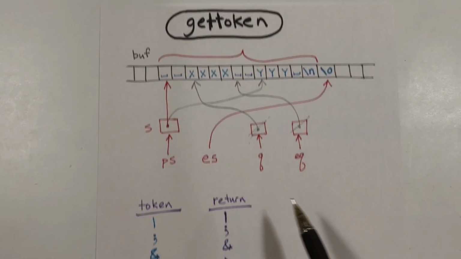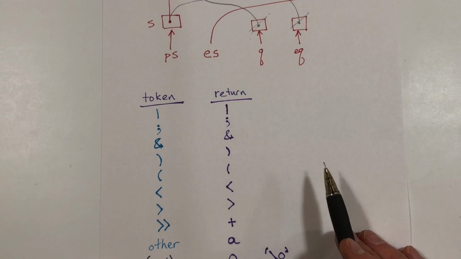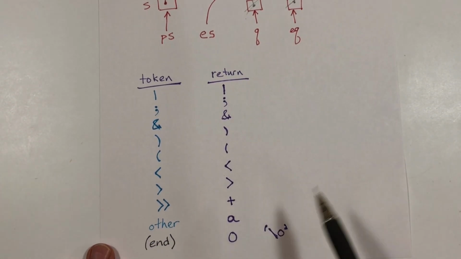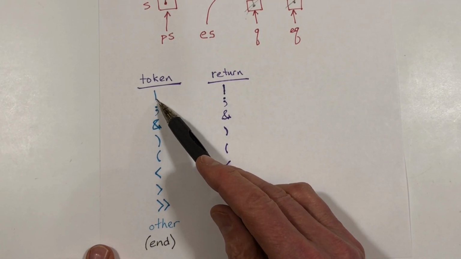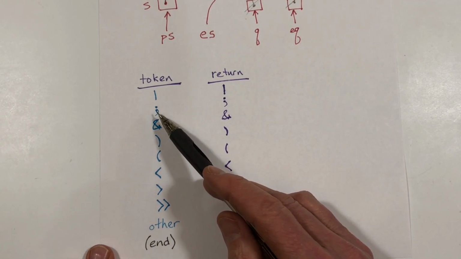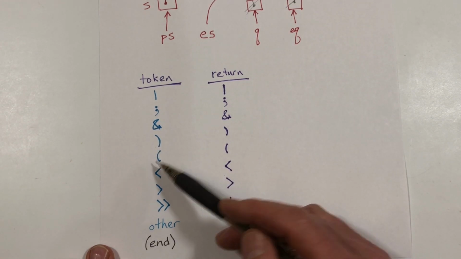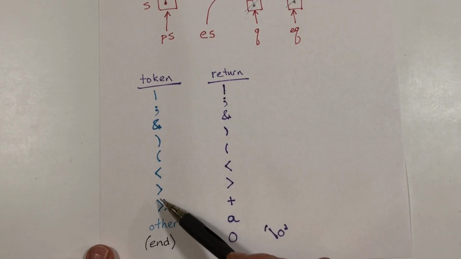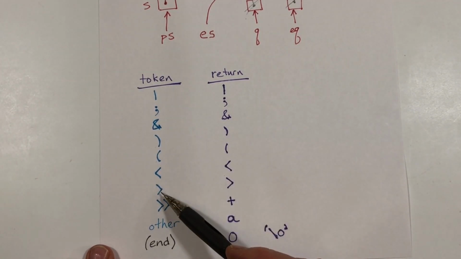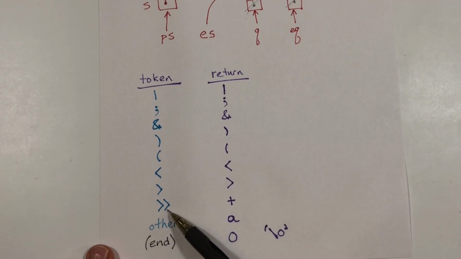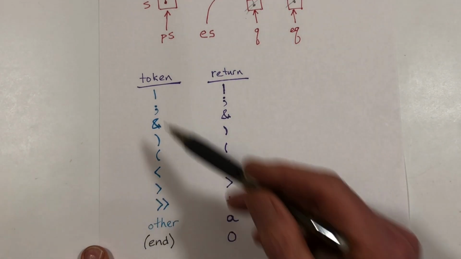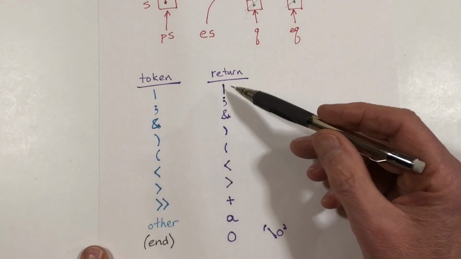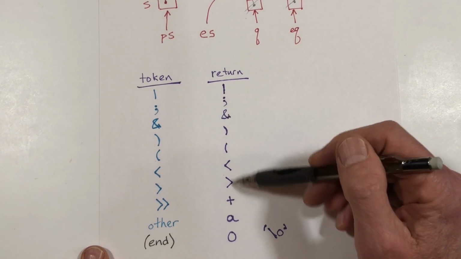GetToken also returns an integer, and the integer tells what sort of token was found. We can parse operator tokens like the vertical bar for piping, semicolon, ampersand, or parentheses, or the symbols for redirection. Most of these tokens are single characters, but the output redirection here is 2 greater than symbols. For each of these, the GetToken function will return exactly the character.